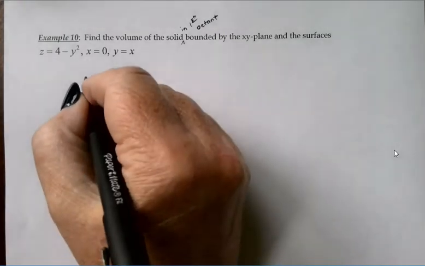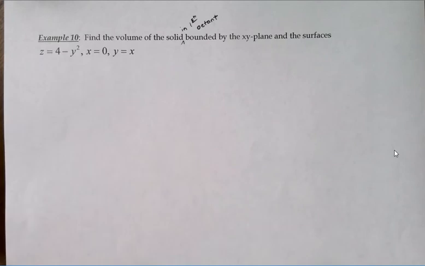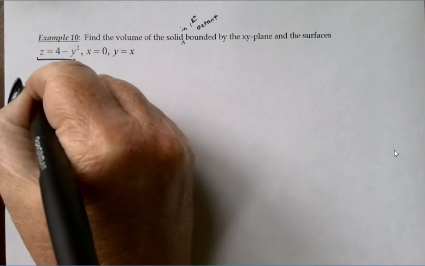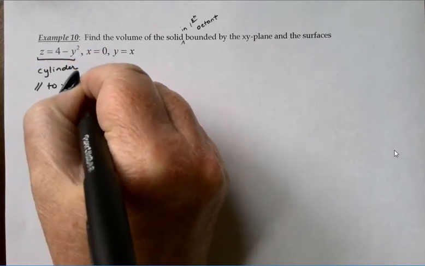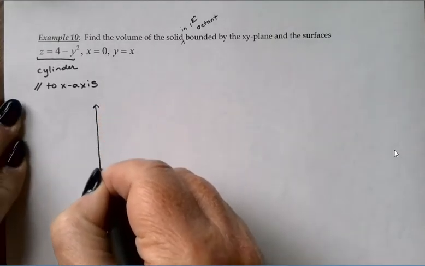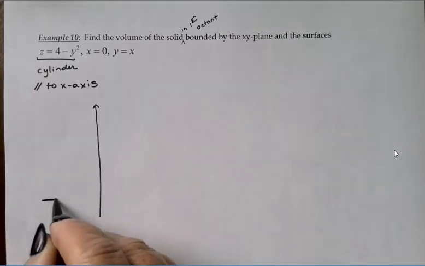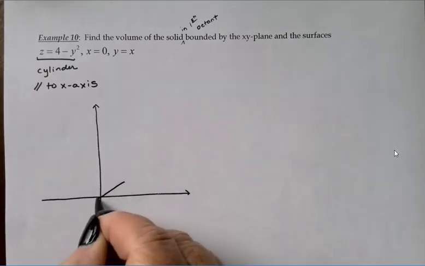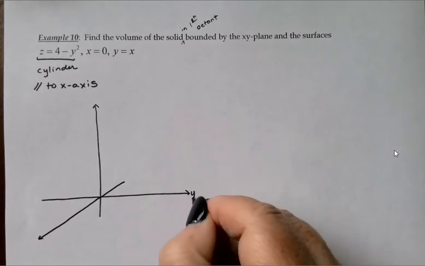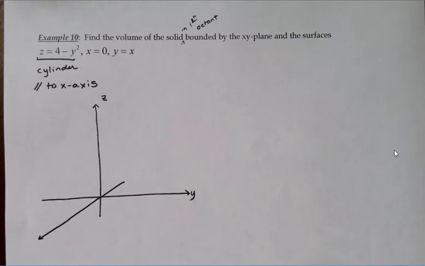Looking at this function, I see this has got a missing variable, right? There's no x in that equation, and that means that this is a cylinder parallel to the x-axis. So, if I do a little three-dimensional sketch here, I know that z equals 4 minus y squared just in the yz plane is an upside-down parabola.